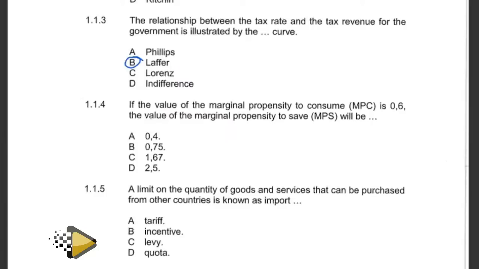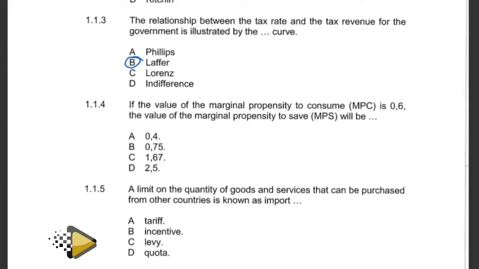So when we talk of the marginal propensity to consume, we refer to additional income that households choose to spend on buying goods and services. So this one should be clear, grade 12s, that marginal propensity to consume is only on additional income.